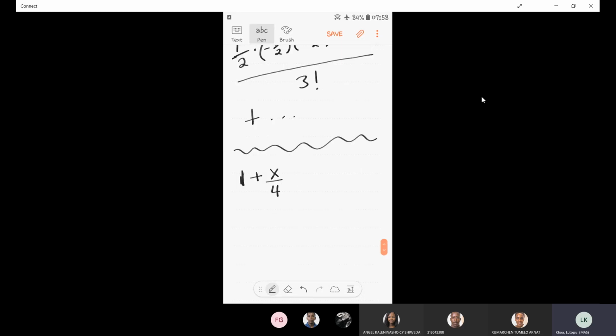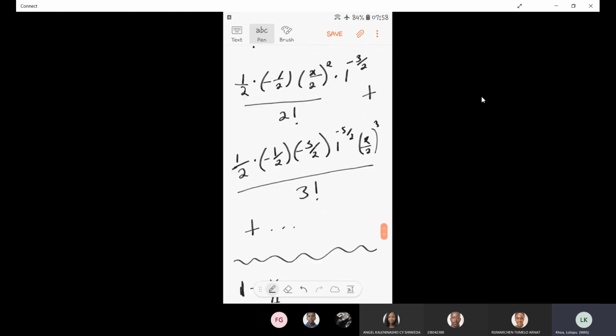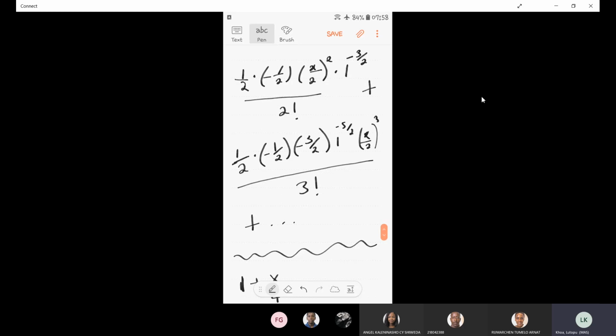Okay, and then the third term, it's over here. I have half times a half, and then I will have a half squared, which is 1 over 4, and then I will divide it by 2 factorial. And this will be negative because I have only one negative sign over here. So it's half times half squared divided by 2.